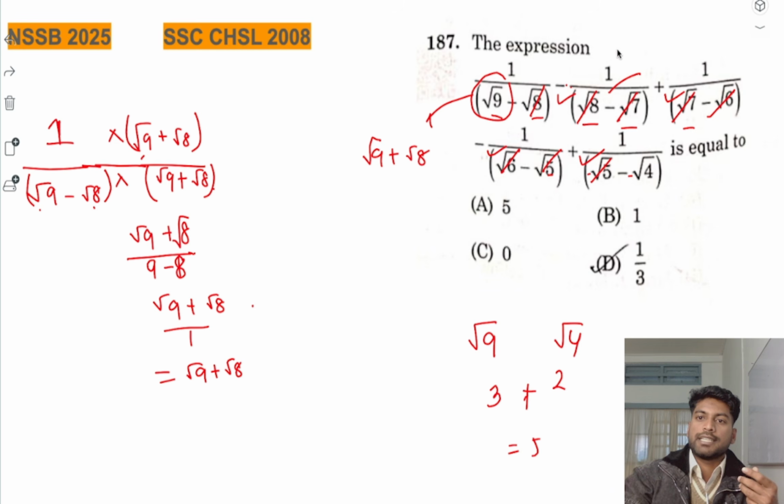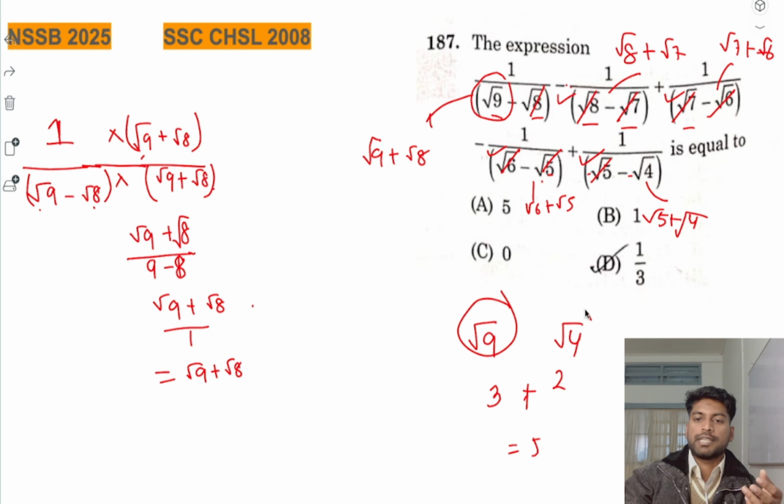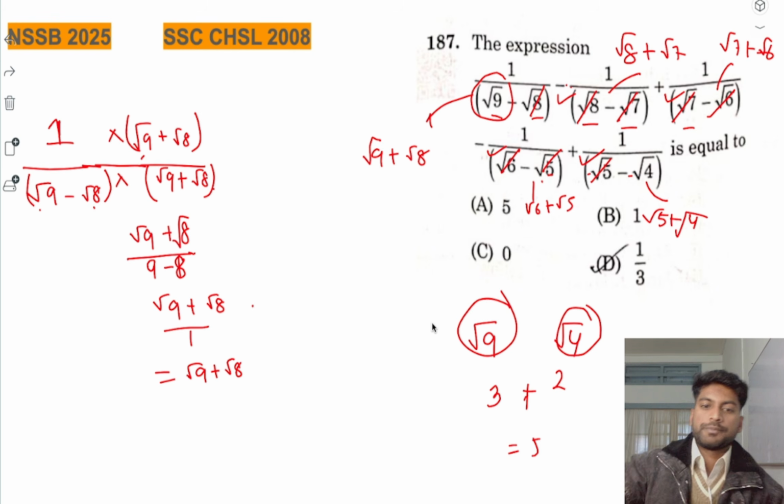Similarly इसका भी आ जाएगा root over 8 plus root over 7, root over 7 plus root over 6, then root over 6 plus root over 5, and root over 5 plus root over 4. Like this, then it will be eliminated due to minus and plus, and the remaining will be root over 9 and root over 4. Okay, chalo, next.